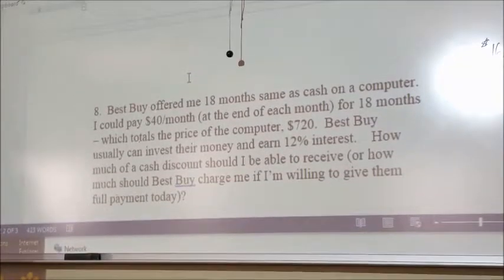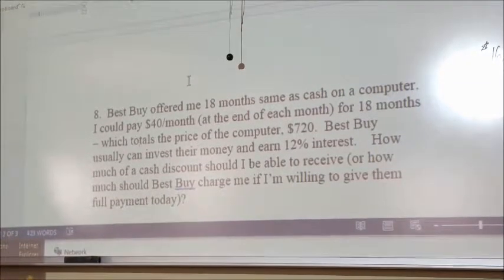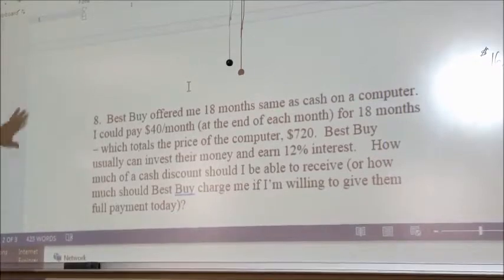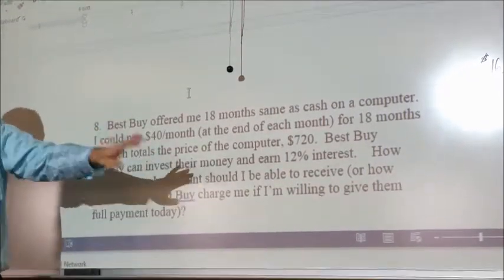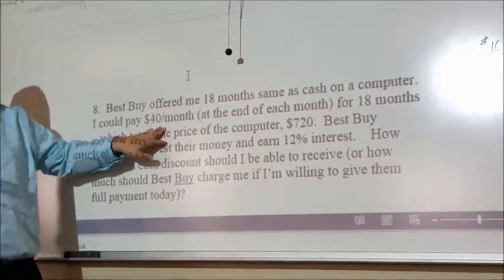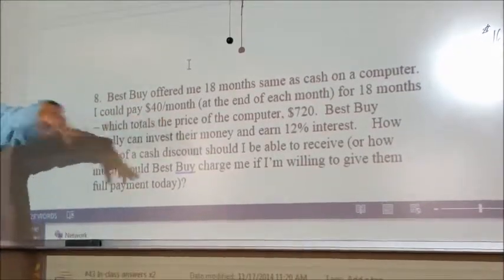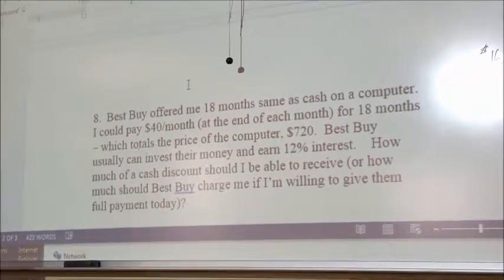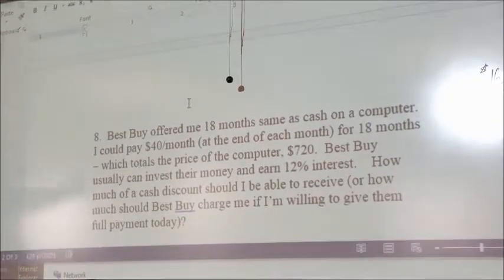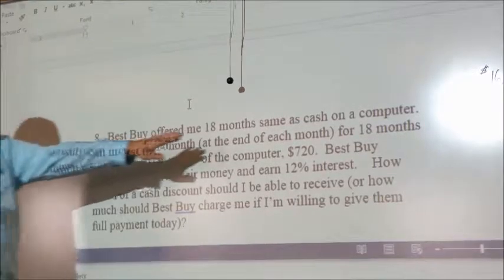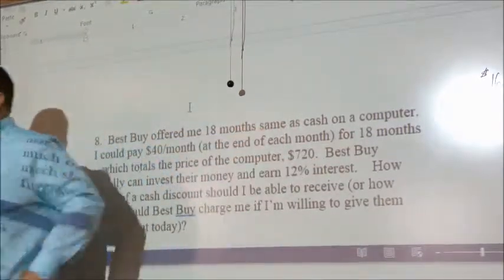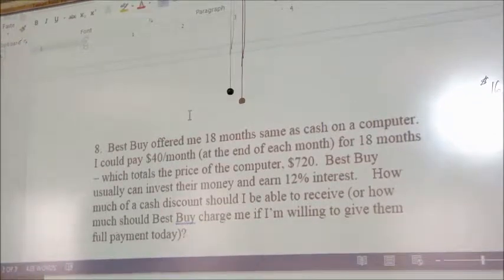I saw a computer they had for $720, but they were giving a deal saying, instead of paying $720 right now, you can just pay us over 18 months. So if you take $40 times 18 months, that comes up to be $720. And they were doing that same as cash, meaning no interest if you pay it in 18 months.